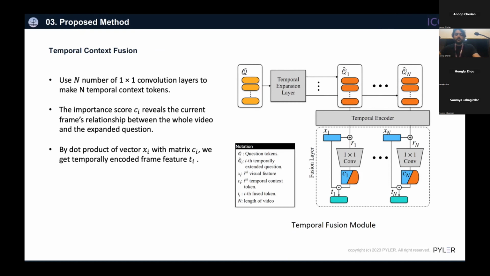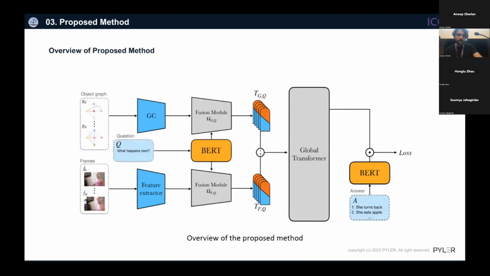Instead of replicating the question tokens, we expand them to match the temporal axis of the video, and then we add temporal encoding to the question tokens. As the dimensions now match the video frames, we just fuse them using really simple operations. This can also further be used for various kinds of audio features, object graphs, or frame features.